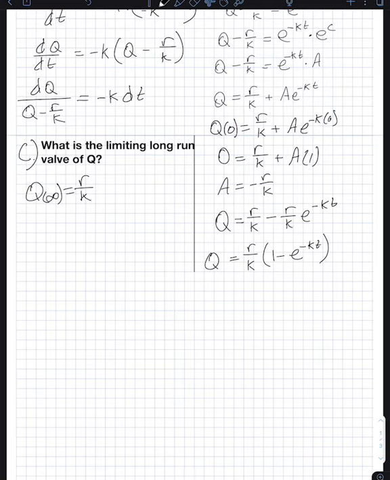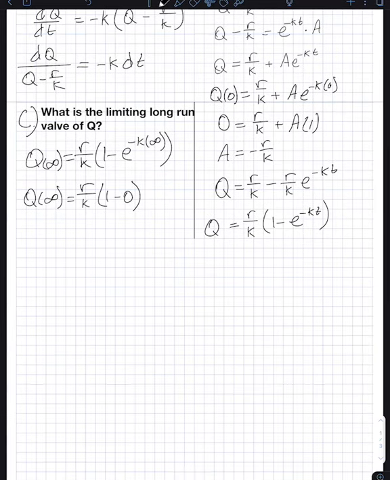So we have 1 minus 0, which is 1, times R/k, which is just R/k. So Q at infinity equals R/k for the long run. Alrighty, guys.